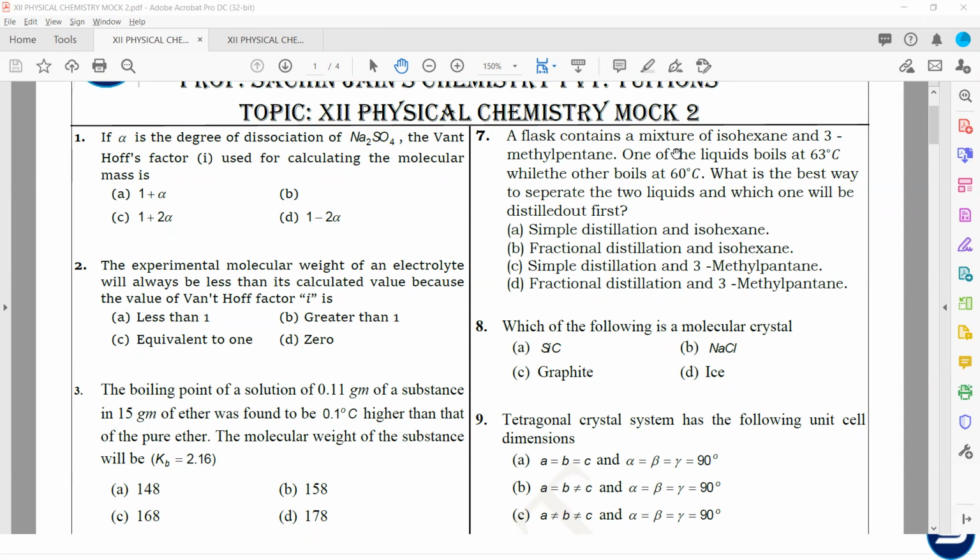Closer the branch or the substituent, lesser is the boiling point. Away the branch, more is the boiling point. That is the trick you can remember. So it will be a fractional distillation method, and which is boiling at the lower temperature? Isohexane, right? So that is the liquid which is going to boil first and distilled out first. That's why the answer is option B.